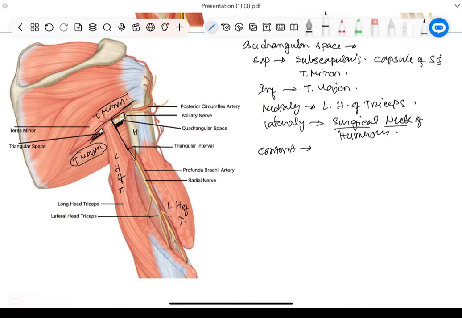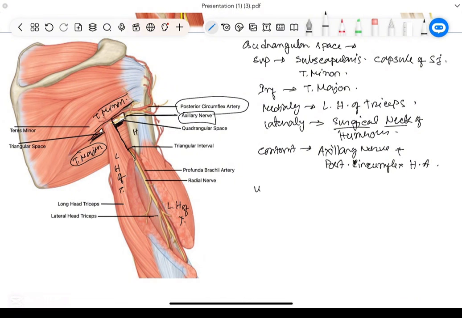As there is the surgical neck of the humerus, we can understand there should be the axillary nerve, you can see here, and one artery is there. What is the name of that artery? Posterior circumflex humeral artery. That's all about the quadrangular space.